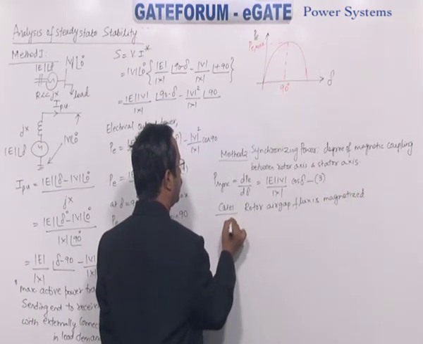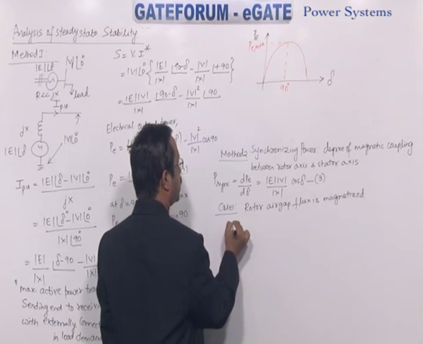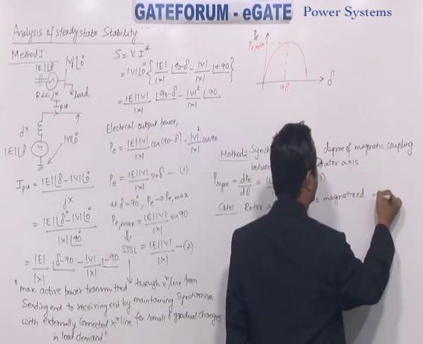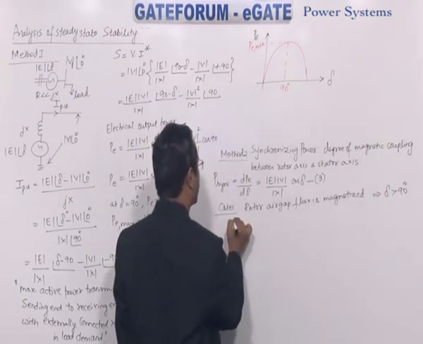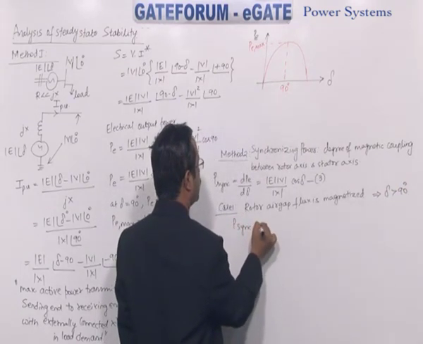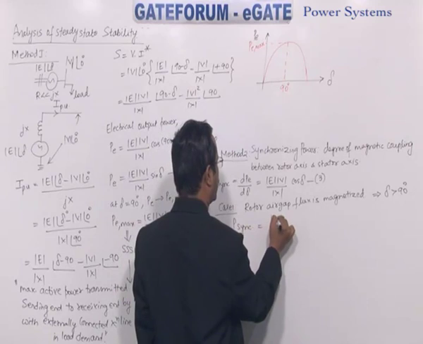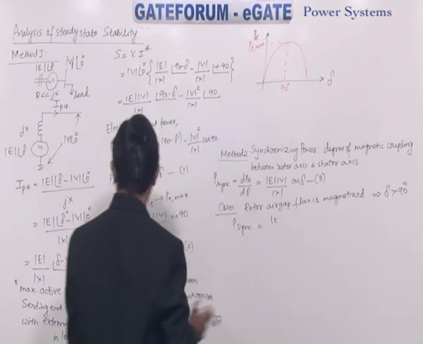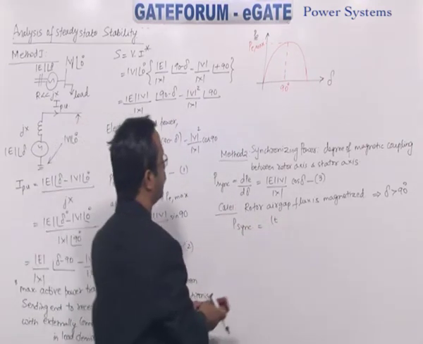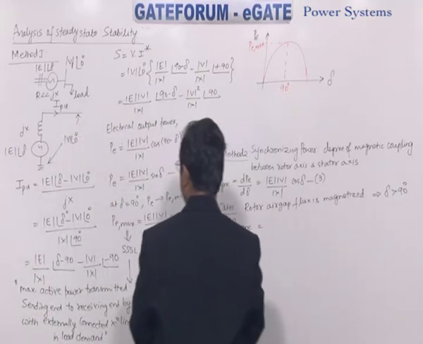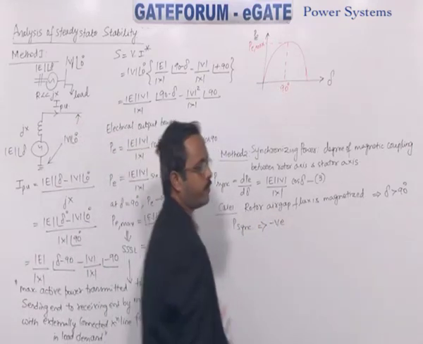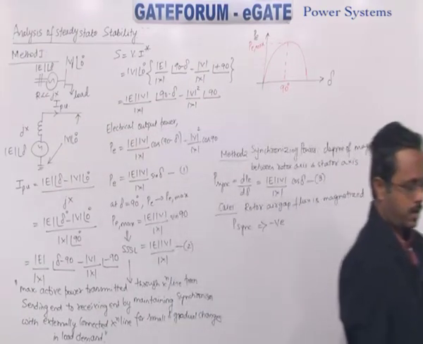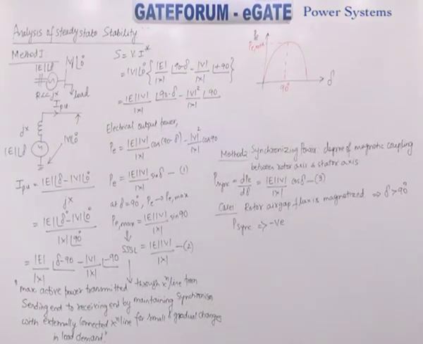So what is the value of delta? Greater than 90 degrees. If delta is greater than 90 degrees, what is the synchronizing power? Cos more than 90 is negative. So the synchronizing power is negative.